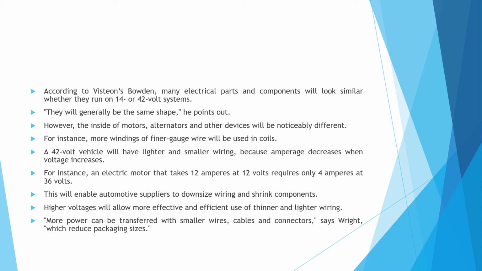According to Christian Boden, many electrical parts and components will look similar whether they run on 14 or 42-volt systems. They will generally be the same shape. He points out this.